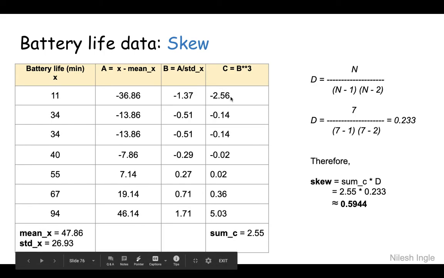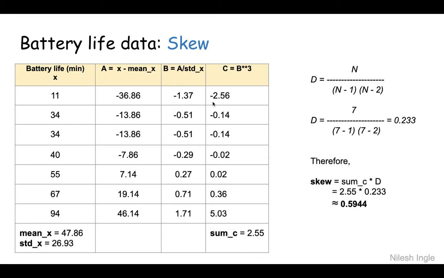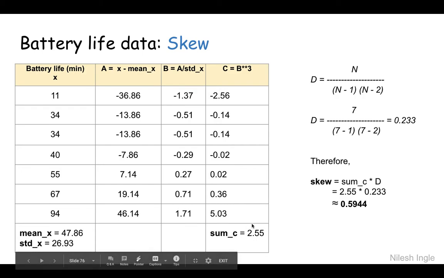Next, we are going to take a cube of what we calculated here, and the cube of minus 1.37 would be minus 2.56, and so on for all other observations, and then we sum them to get a final value of 2.55.